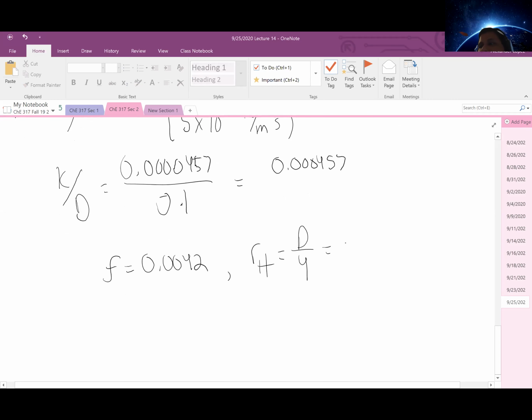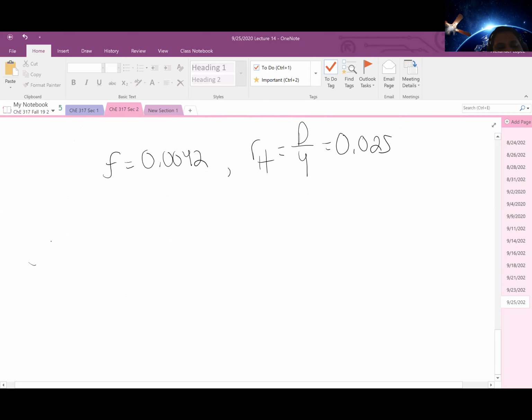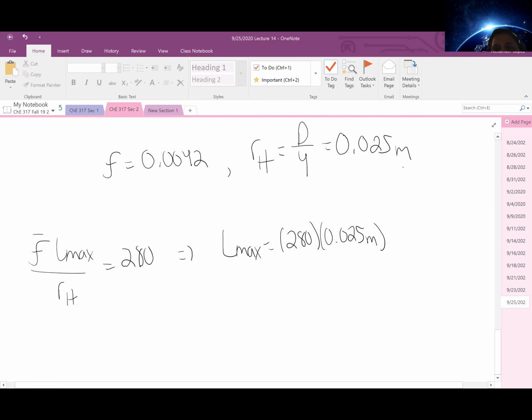If our diameter is 0.1, our hydraulic radius is 0.025, which means that since we have F bar L max over RH equal to 280, L max is simply 280 times 0.025 meters divided by our F bar, which is 0.0042. I get approximately 1,667 meters.